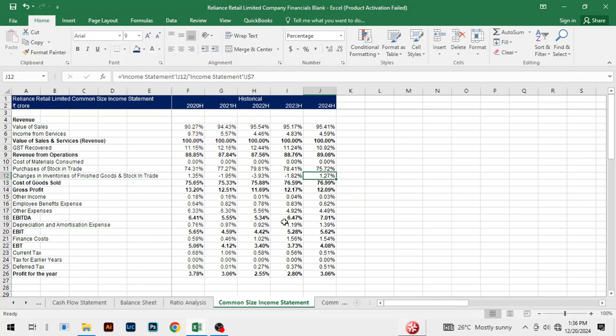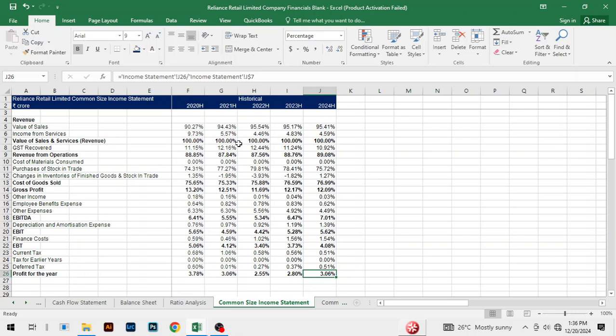So with this, you can quickly track trends, like for the profit for the year. You can see that in 2020 the ratio was higher than what we are seeing in 2024, and the profit has been very volatile, because in 2020 the ratio was 3.78%.